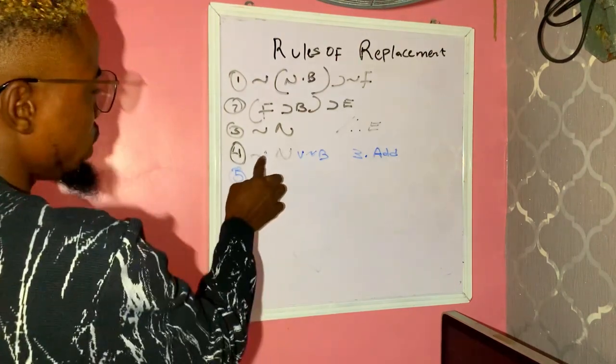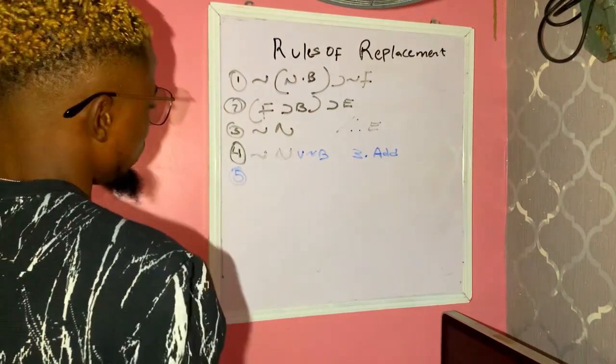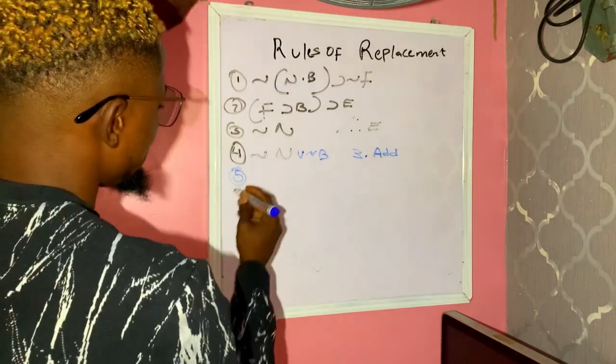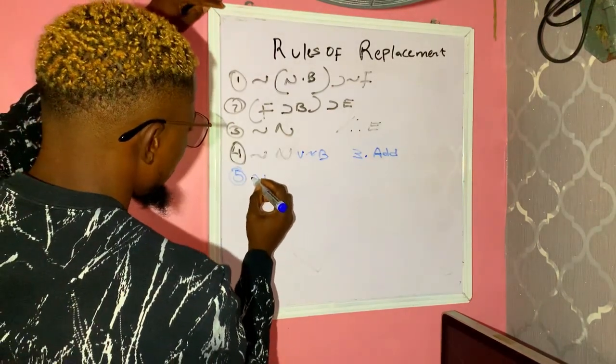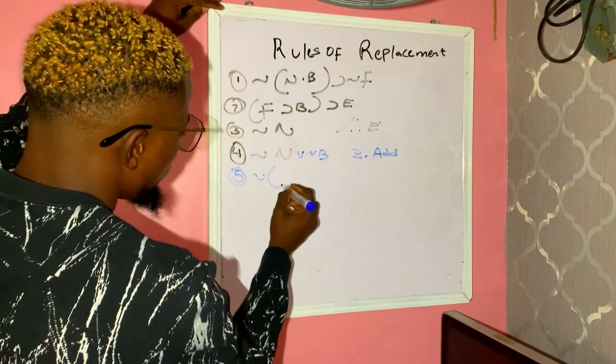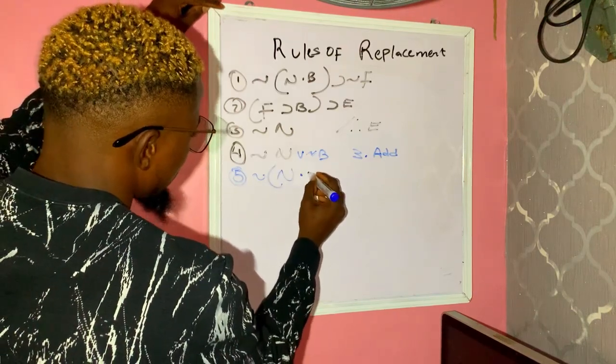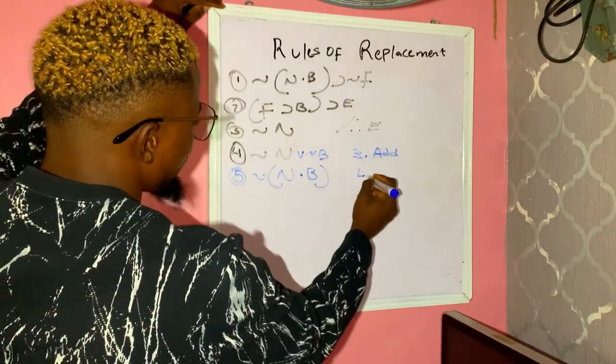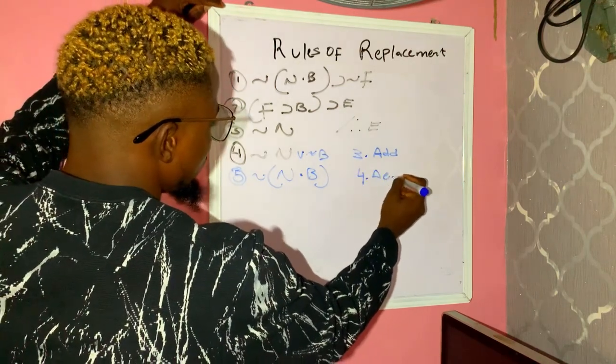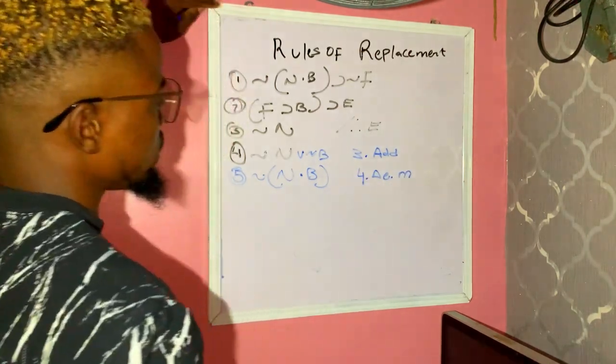Now, since I've already gotten negation N or negation B, I can say line 5, negation open parenthesis N and B close parenthesis. I will say 4, De Morgan's theorem.